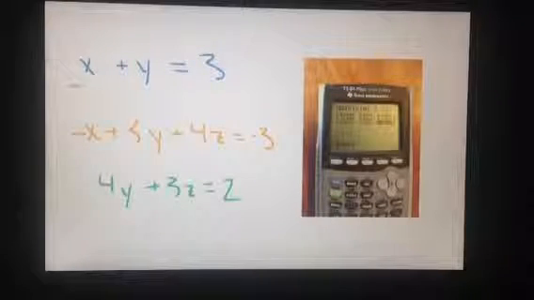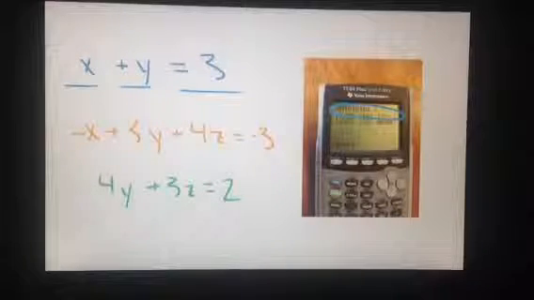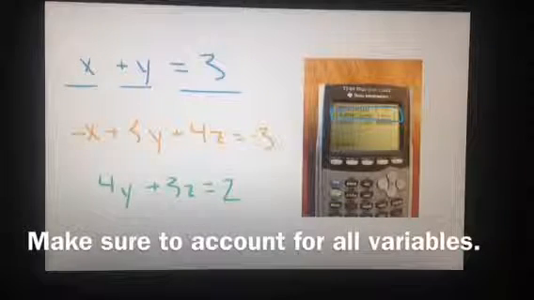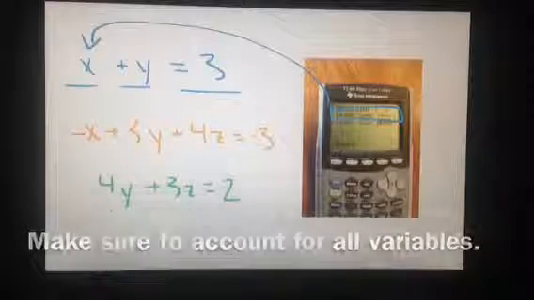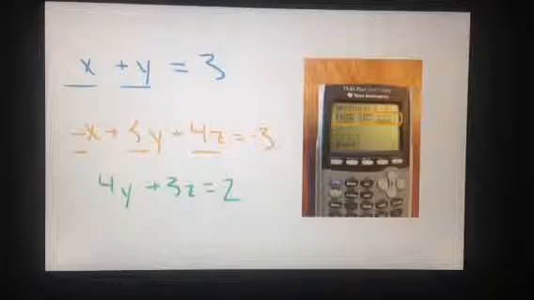Looking at the system we have right here, we directly place the constants attached to each variable into our matrix on our calculators. So this first row here on our matrix correlates with this side of the expression or equation.